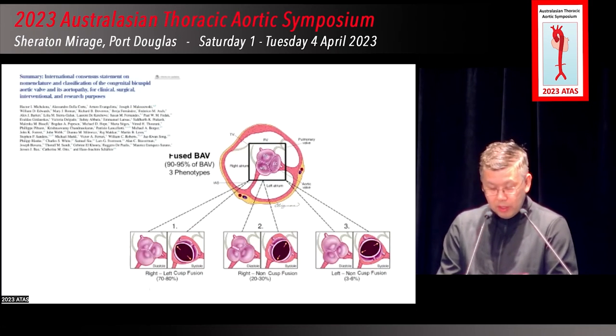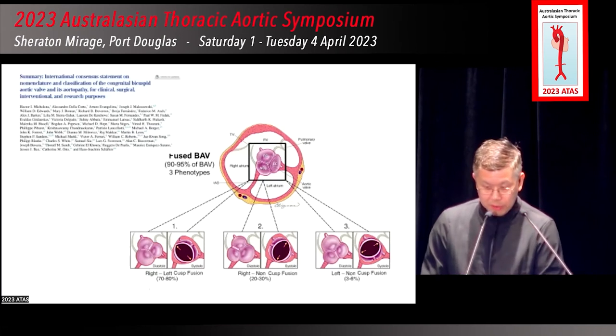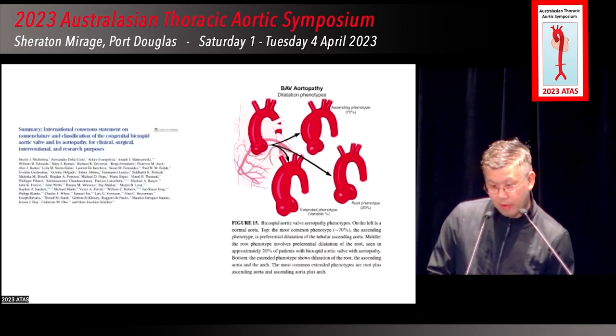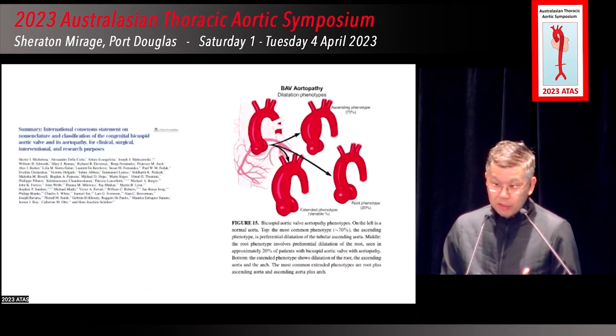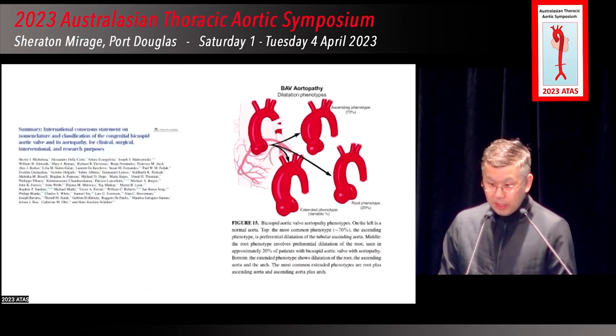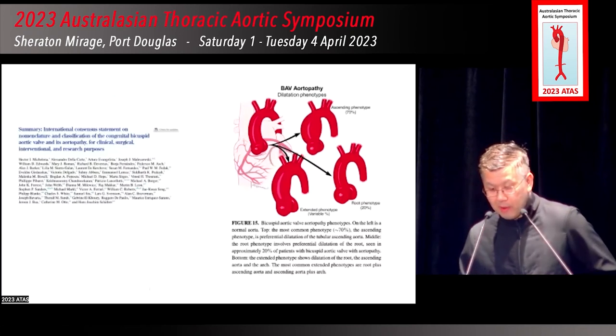And again, 70% of those are Sievers 1 with left-right fusion, and you can see the percentages of the other anatomic variants. Later on, this same international consensus also distinguished various phenotypes of BAV aortopathy: the ascending phenotype, the extended phenotype, or the root phenotype, as a way to further categorize the anatomic pathologic conditions.